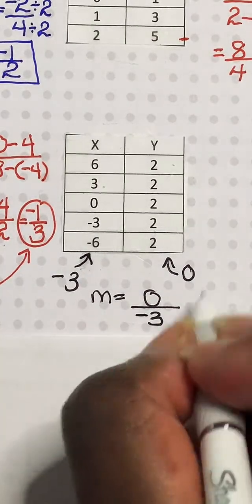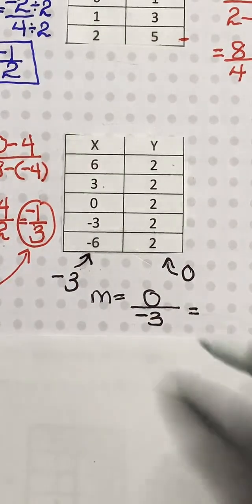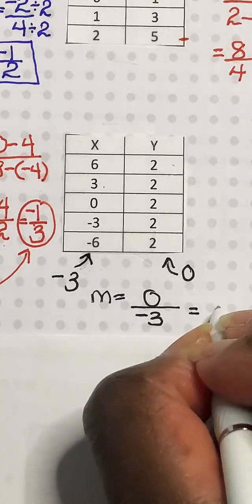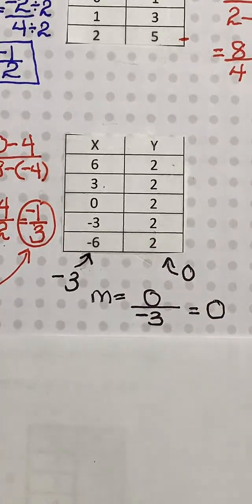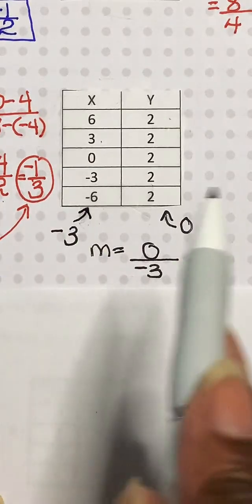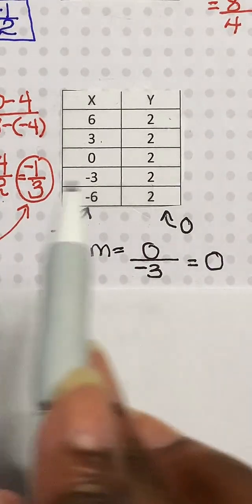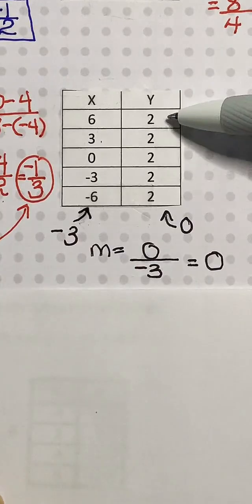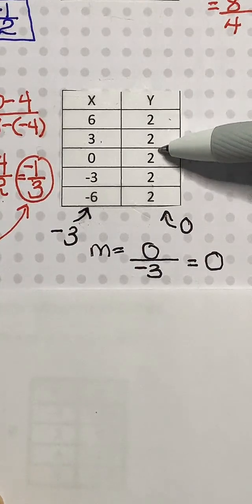If I simplify this, since my 0 is in the numerator, my slope is going to be a 0 slope. 0 slope means a horizontal line, and it's only going to cross when y equals 2.